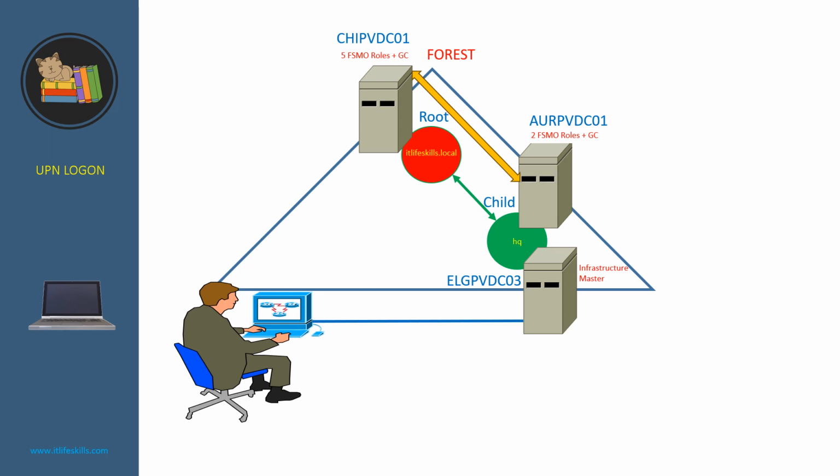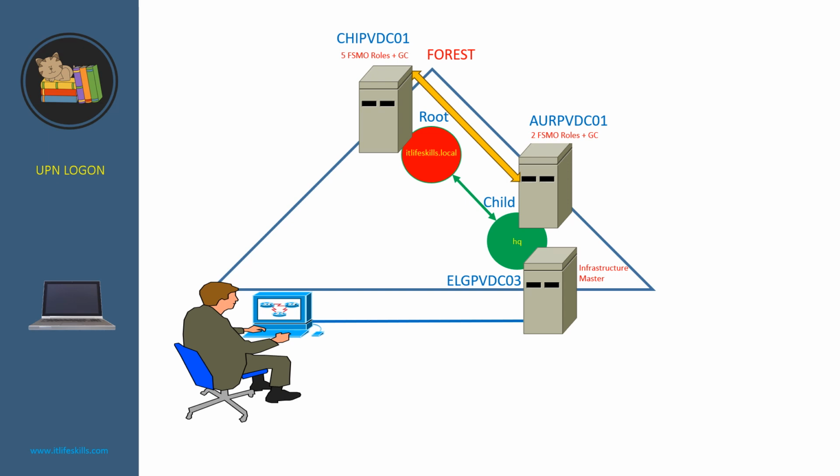The next role of global catalog servers is to allow UPN logon. Let's analyze a logon request in this Active Directory forest to see how global catalog servers allow users to log on using UPN in a site that does not have domain controllers serving the user's domain.